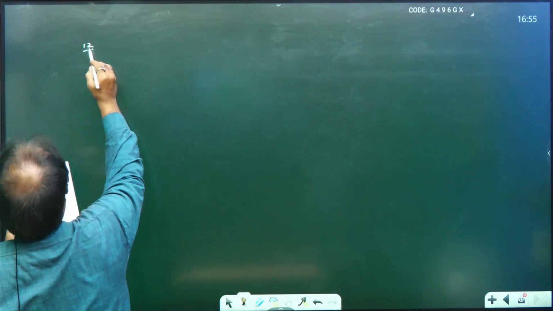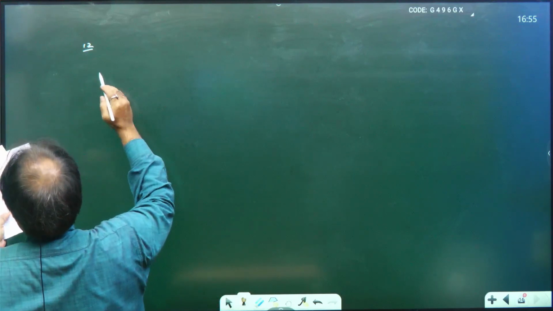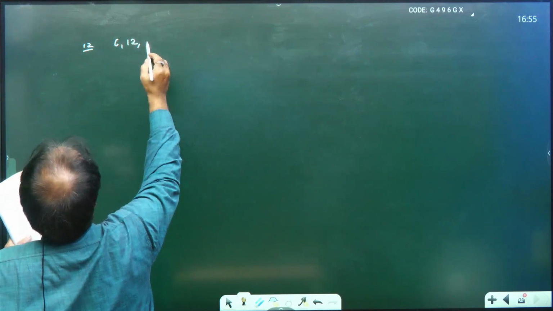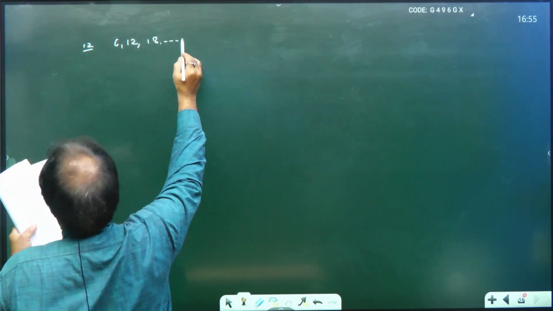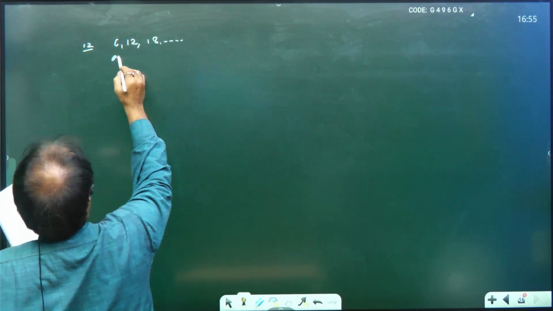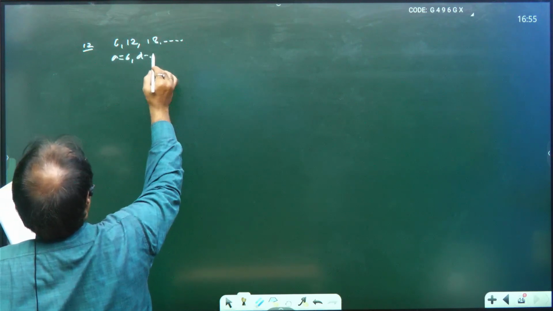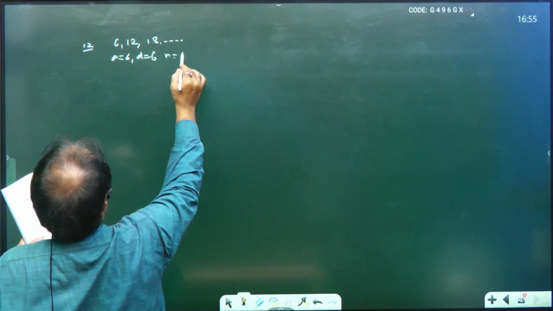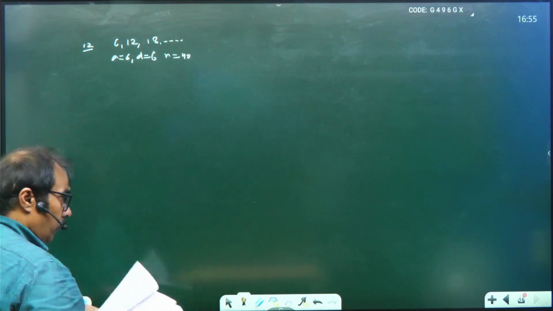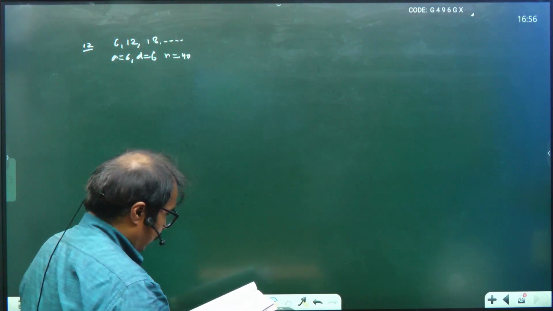Find the sum of 40 positive integers divisible by 6. Right? So the first term is 6, second is 12, then 18, and so on. So A is equal to 6, D is equal to 6, and N is equal to 40, and apply the formula Sn. You will get the answer.